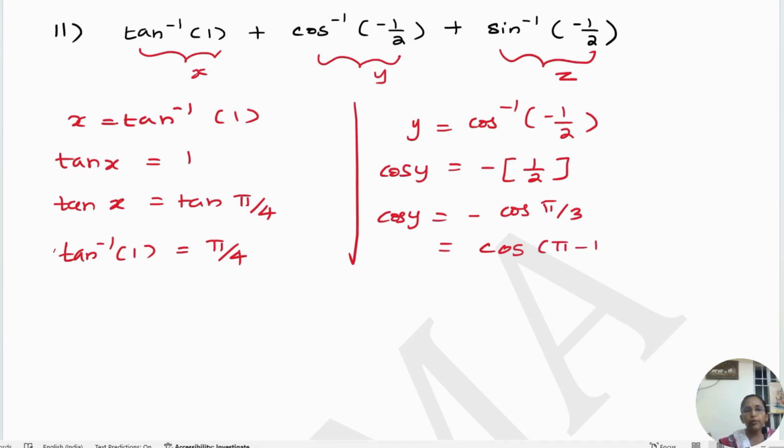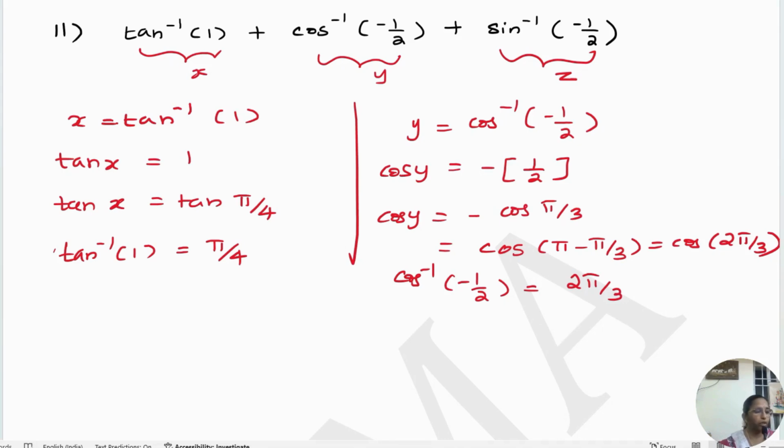So cos of pi minus pi by 3 is equal to cos of 2 pi by 3. And here the principal branch value for cos inverse is 0 to pi. So for cos inverse of minus 1 by 2, the principal value here is 2 pi by 3.